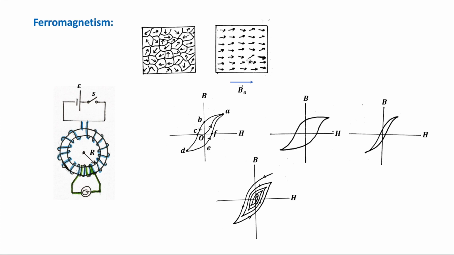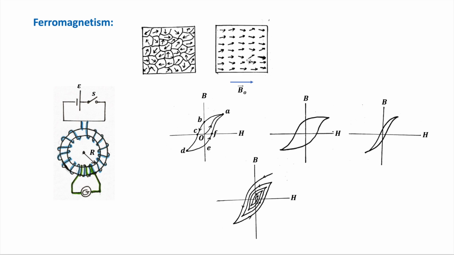And even after the external field is removed, the sample may retain a net magnetization in the direction of the original field. Okay. And also at ordinary temperatures, the thermal agitation is not sufficient to disturb the dominant orientation of the magnetic moments.